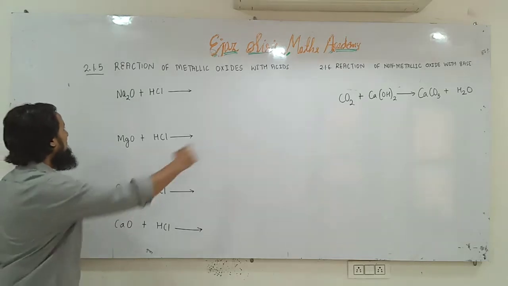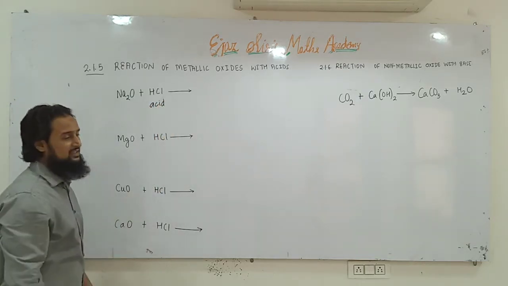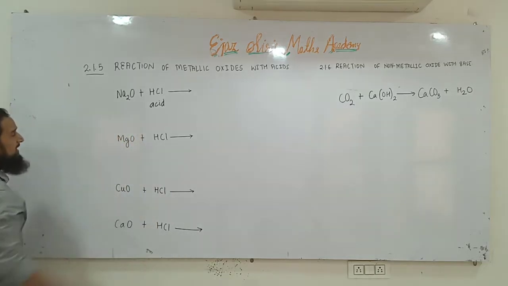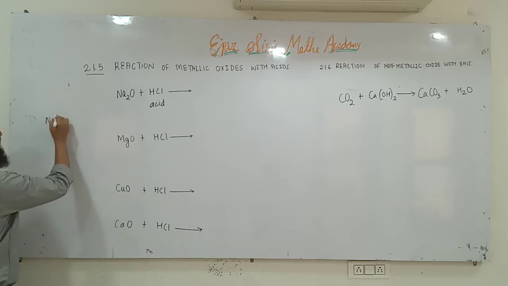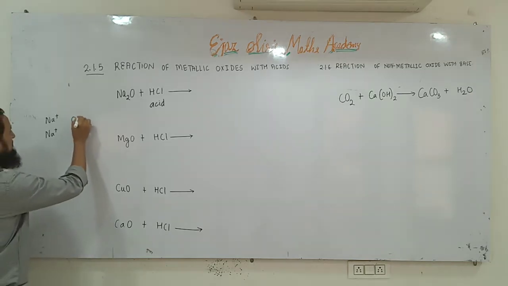Let us see. There can be no doubt that hydrochloric acid is an acid. So Na2O is sodium oxide, and why is it Na2O, why not NaO? Because we know Na is singly positive. The sodium atom donates 1 electron to form a sodium ion, and oxygen accepts 2 electrons.